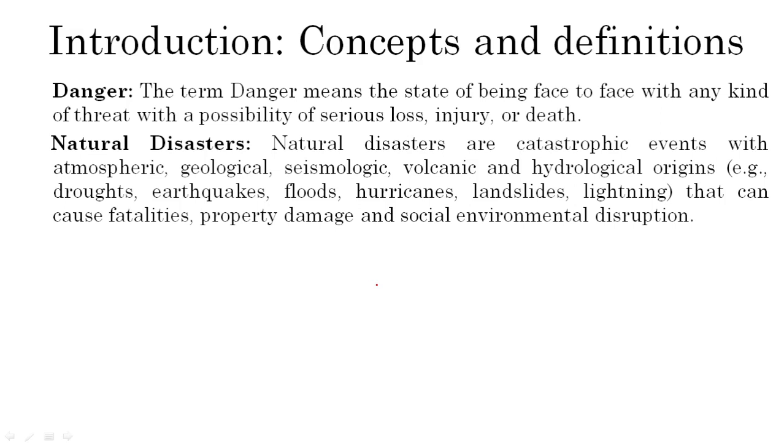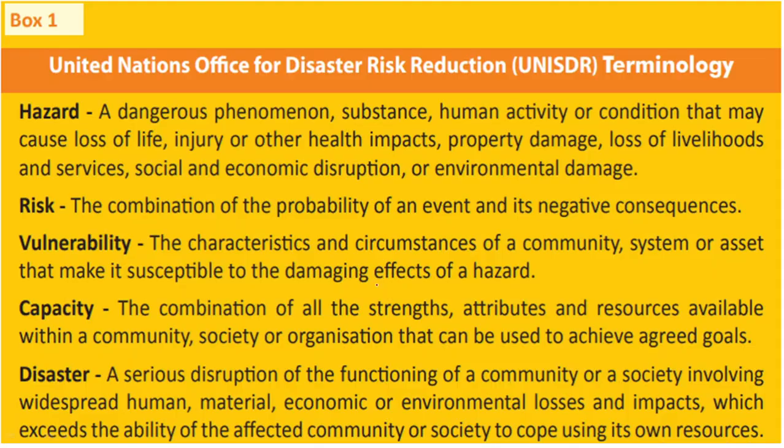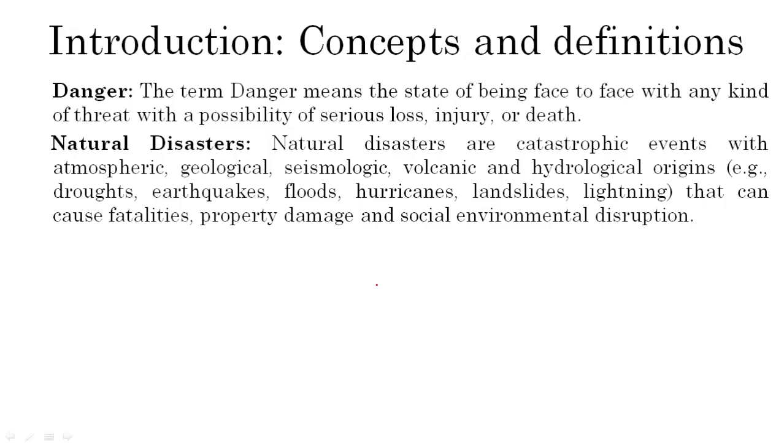Now there are two types of disaster: natural disaster and man-made disaster. What are natural disasters? Natural disasters are catastrophic events with atmospheric, geological, seismological, volcanic, and hydrological origin. So whenever a disaster occurs due to geological, atmospheric, seismological, or volcanic causes, such disasters are known as natural disasters.